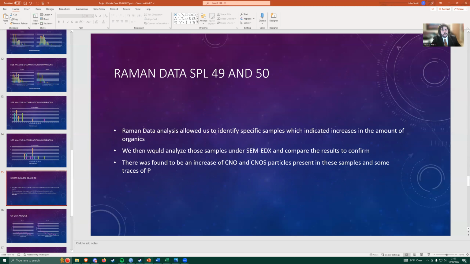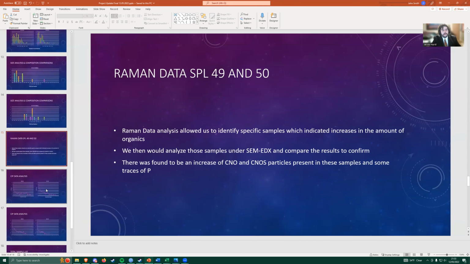So we analyzed those samples under SEM-EDX and compared them to the results to confirm that there were higher organics present. And we did find an increase in CNO and CNOS particles in these samples compared to some of the other ones we've been looking at. And these were also pulling up quite a bit of phosphorus here, so we found that to be kind of unique as well.